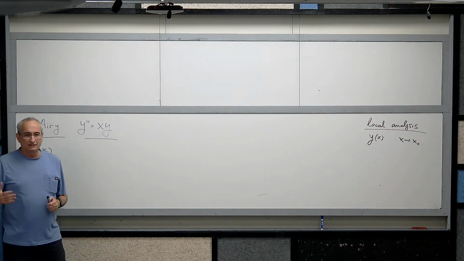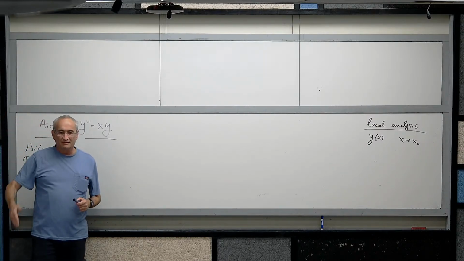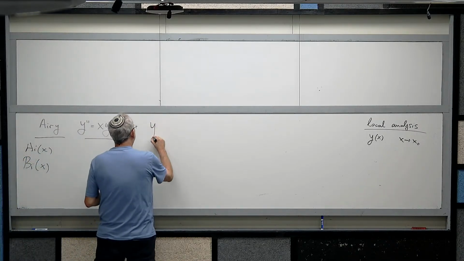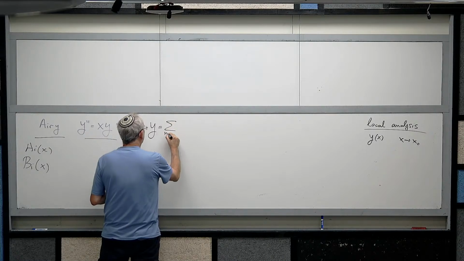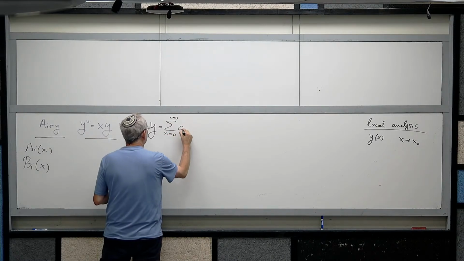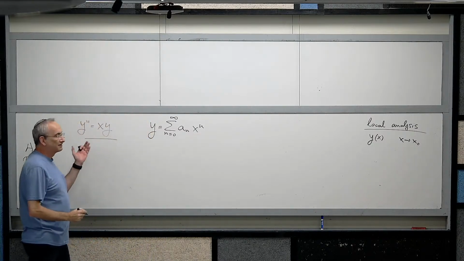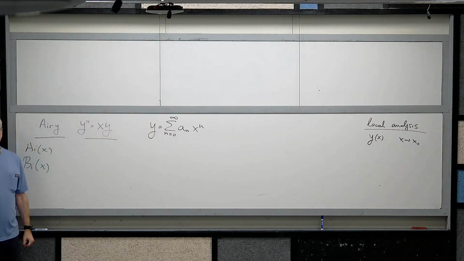The answer that you were taught back then is to expand, to write y as the sum from n equals 0 to infinity of a_n x to the power of n, plug it in, and get an equation for the coefficients. That's the general program.